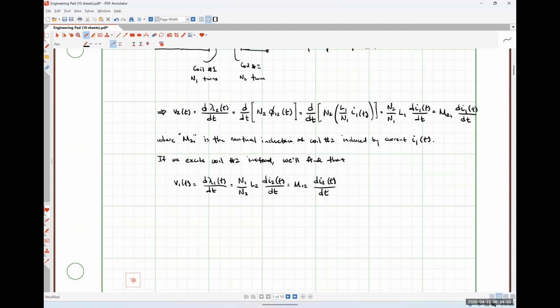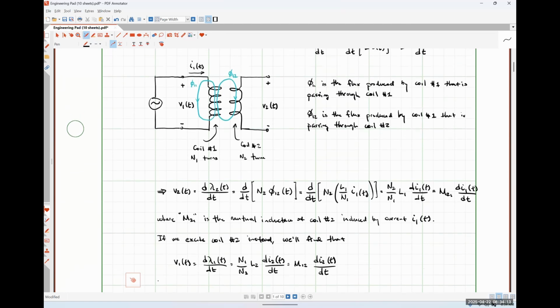Now, what's interesting is that in order for energy to be conserved in this system, let's think about what's happening here. Coil number one has some amount of energy stored in it because there's current flowing through it. The energy stored by an inductor is just 1/2 L times the current squared.